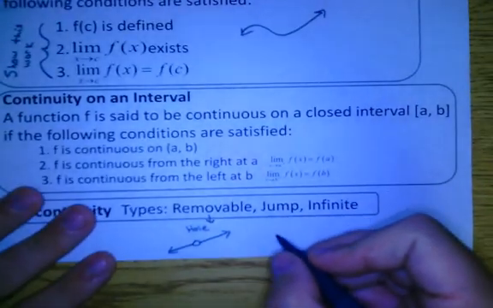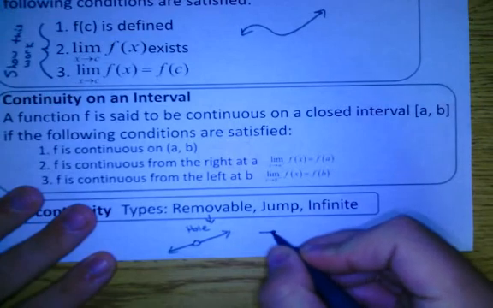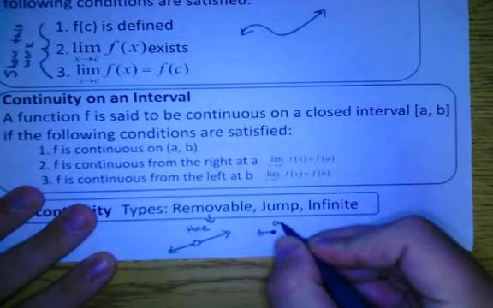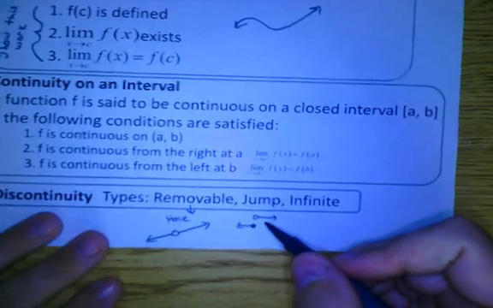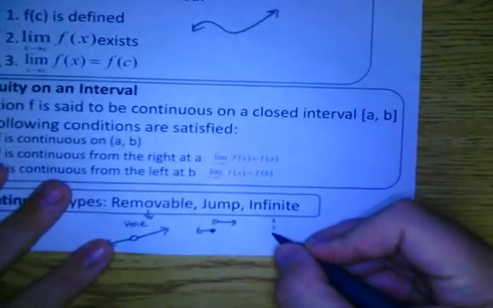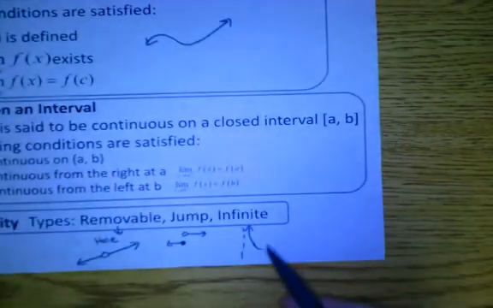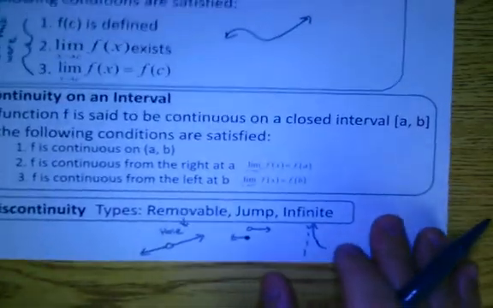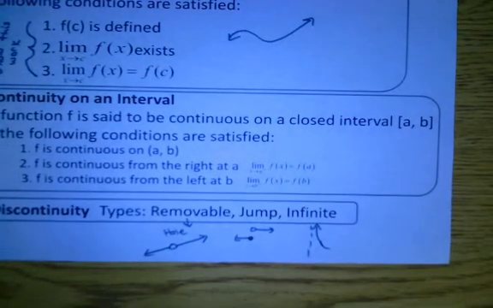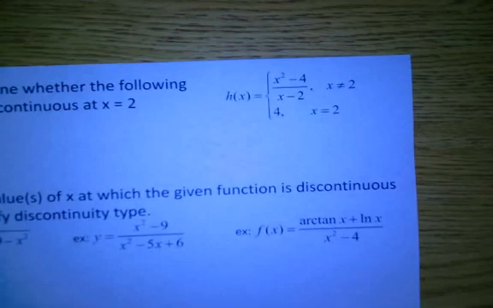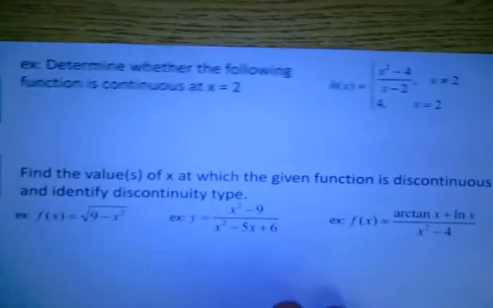A jump would be something like this, where I jump up to keep drawing it. An infinite discontinuity is going to involve an asymptote. This is an example of infinite, because an asymptote would stop you from drawing it, and you need to pick up your pencil.